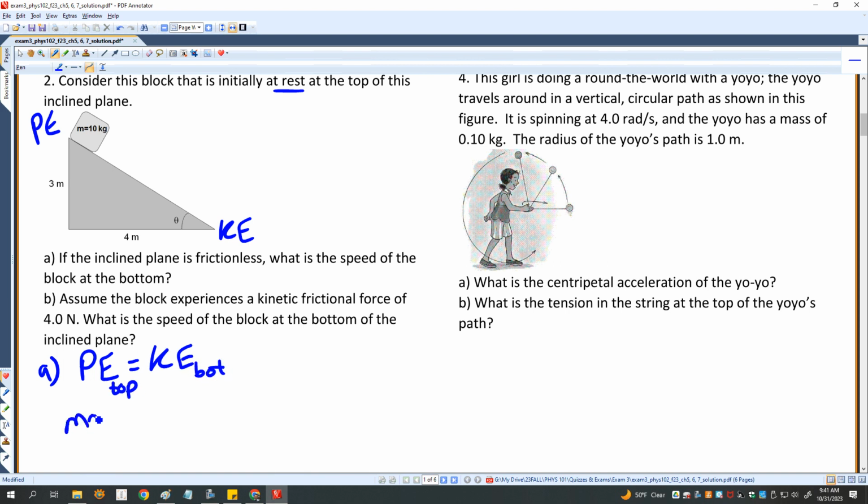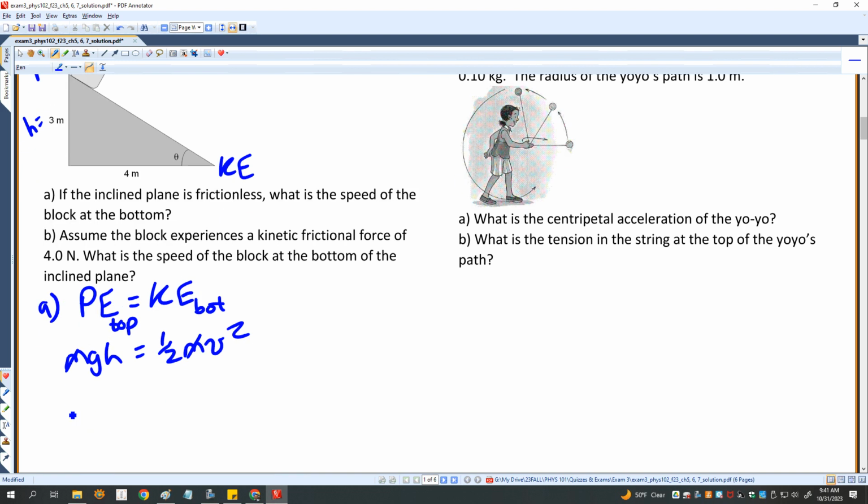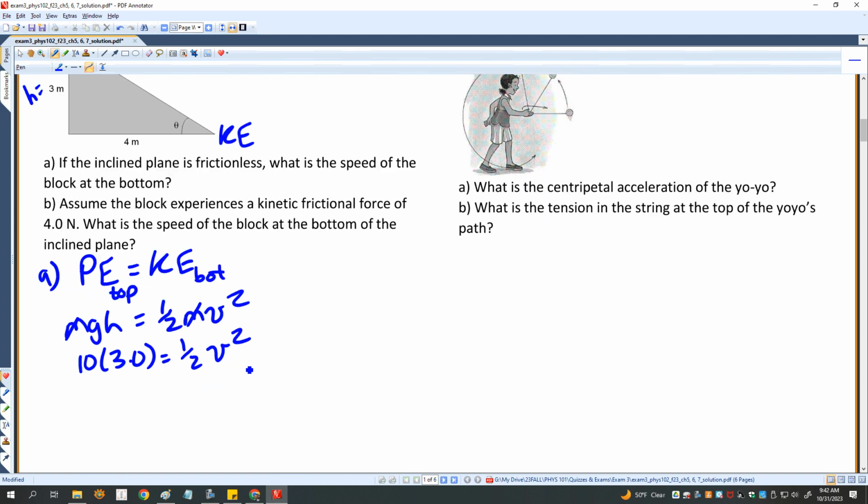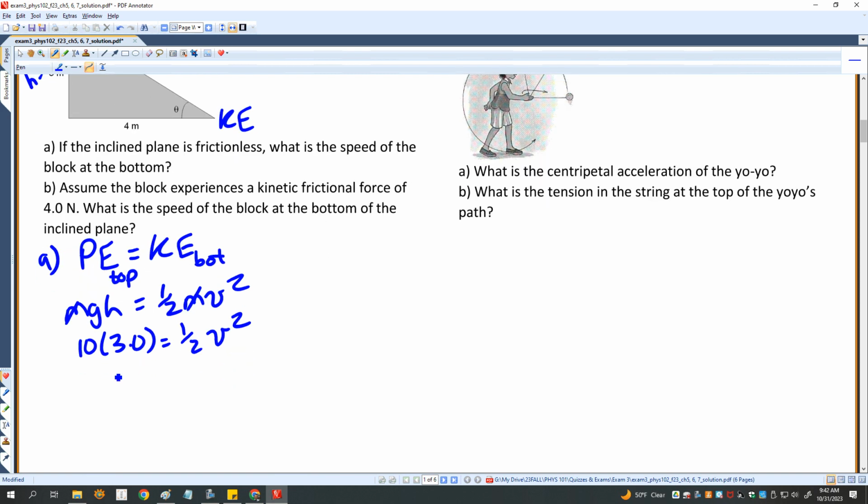That's mgh, where h is 3, equal to 1/2 mv squared. The m's cancel. I get 10 times 3 equals 1/2 v squared. 30, 15. V is equal to the square root of 15. It's 3.9.